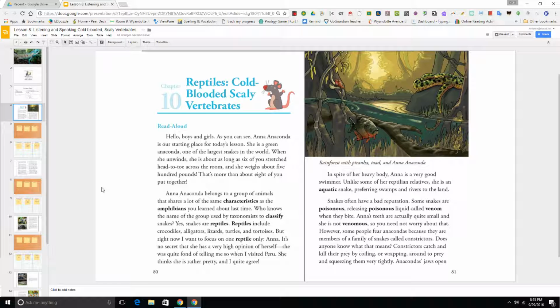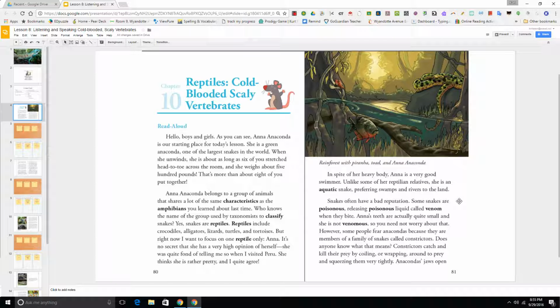It's no secret that she has a very high opinion of herself. She was quite fond of telling me so when I visited Peru. She thinks she's rather pretty, and I quite agree. In spite of her heavy body, Anna is a very good swimmer. Unlike some of her reptilian relatives, she is an aquatic snake, preferring swamps and rivers to land.